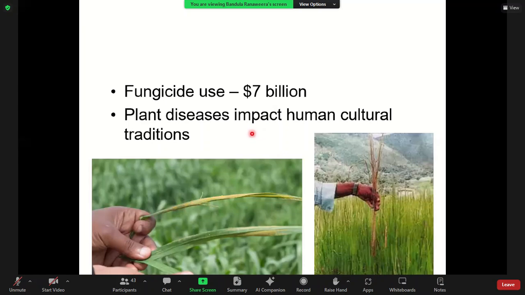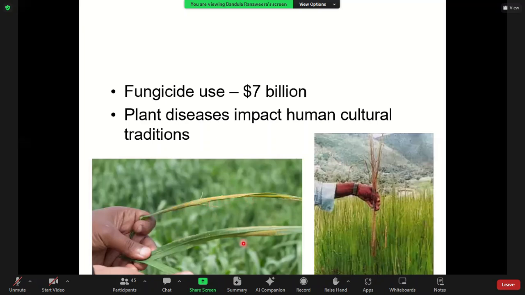So in addition to those expenses, yield losses, and the loss of yield, many of our cultural traditions are affected. Now here it is not only agricultural techniques.